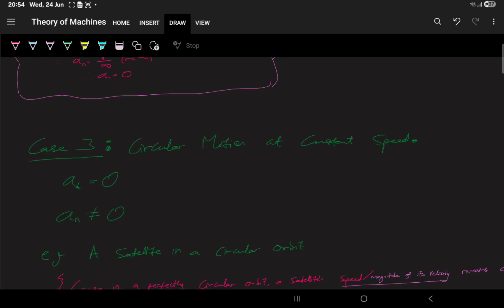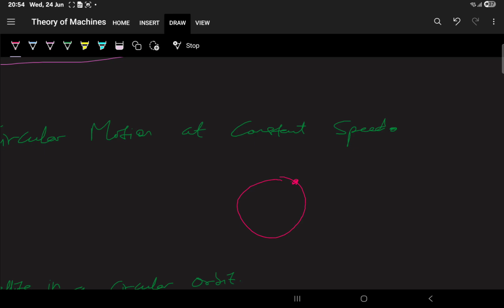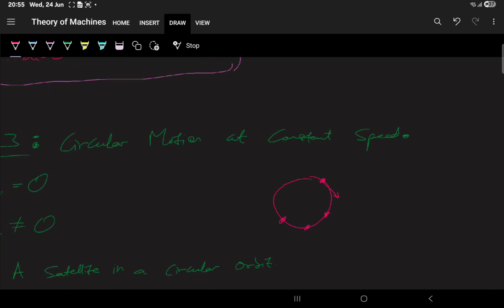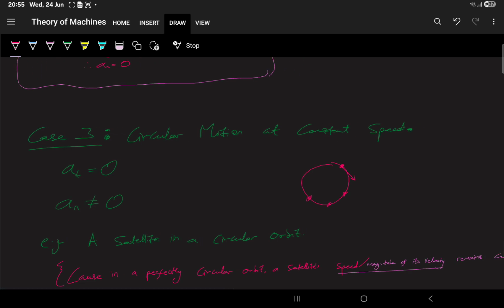Case 3, circular motion at constant speed. Now we know at each point that we take, let's see here, here, or here, the velocity is going to be tangent to that point. Now speed is again the magnitude of velocity, which means this statement just means our velocity is constant.